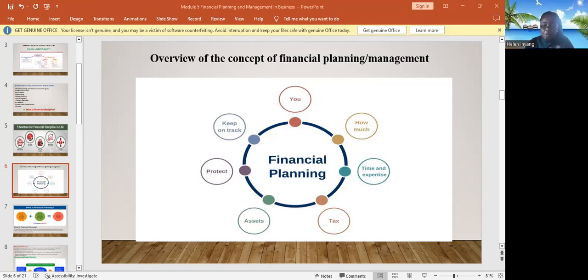That means you must be conversant with the changes around you. We are in a dynamic, ever-changing world. You must also change your style of business operation based on the changing environment or the trend of events.